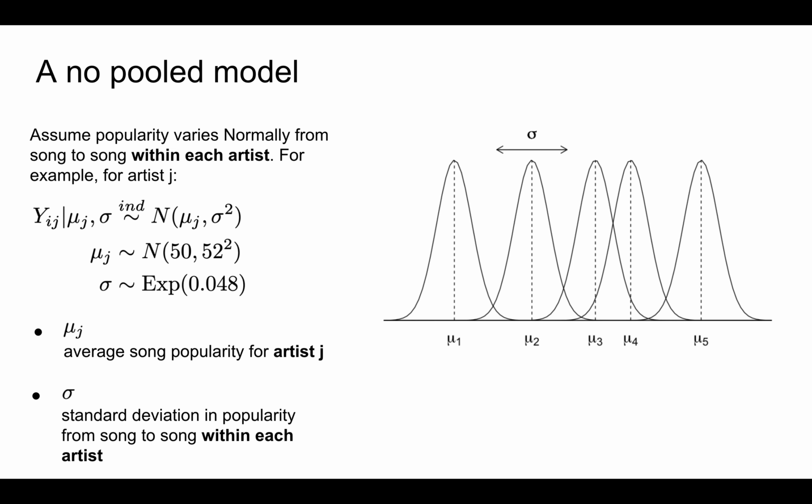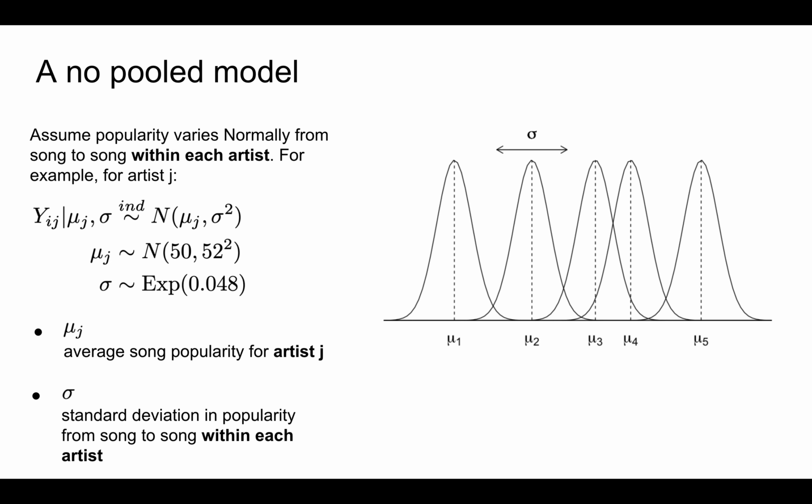Further, as represented by the plot here, note that we assume in this particular model that all of the normal models for each individual artist have the same standard deviation, sigma. That is, sigma describes the standard deviation in popularity from song to song within each artist. It gives us a sense of how variable a single artist's songs might be, not just the variability across all songs on Spotify.